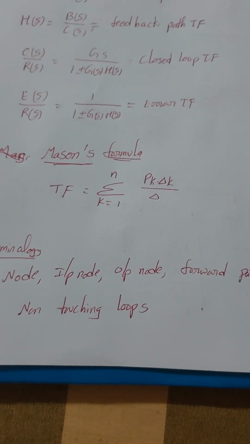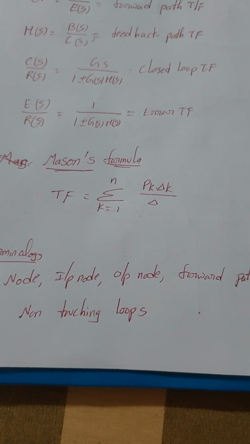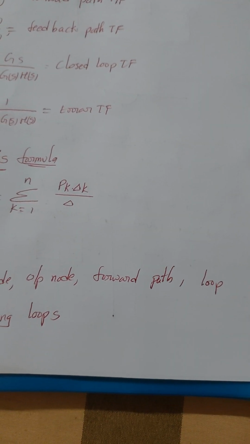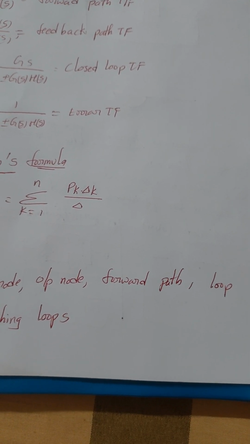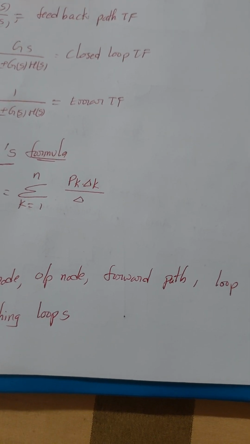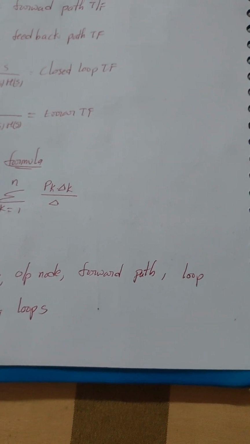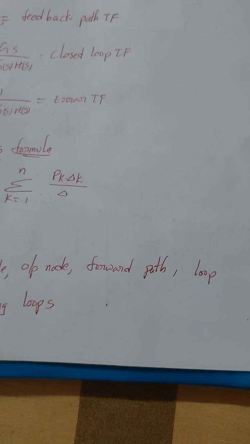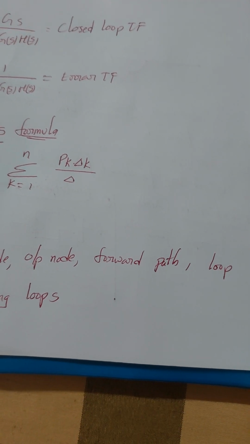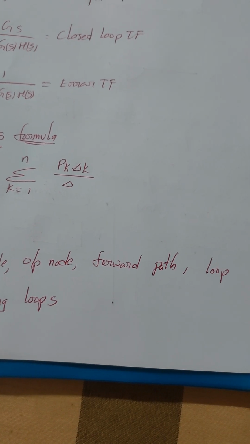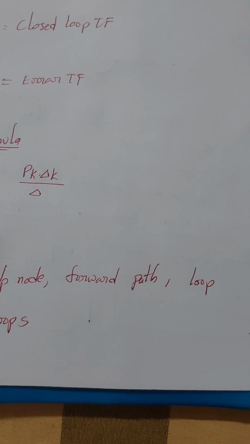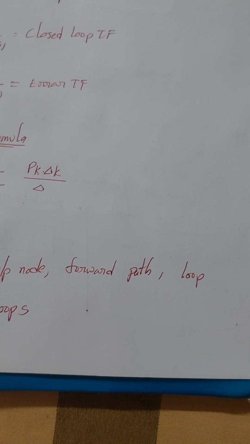The node that has only incoming branches. Fourth one is forward path, the path that connects input node with output node such that no node is repeated. Fifth one is loop, a closed path that starts and ends at the same node such that no node is repeated.